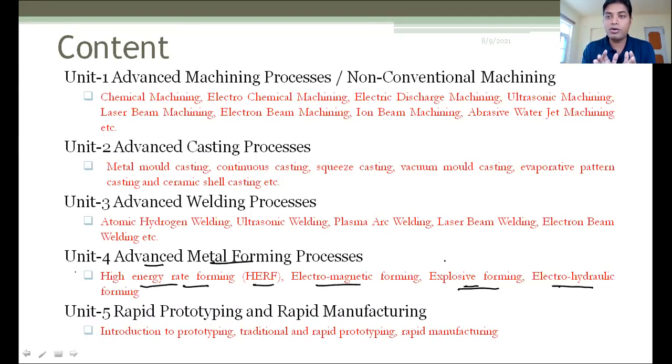I hope you are aware of these things. There are negative and positive kinds of processes, and zero processes, for example casting and forming. Whatever material you have, you are just changing the shape; everything else is the same, and the total volume of the material is the same throughout the process.